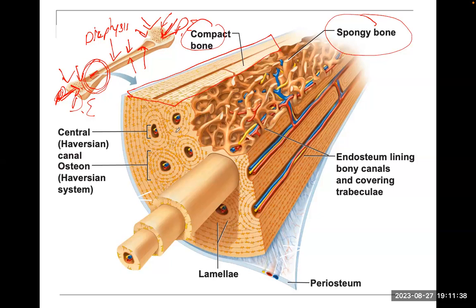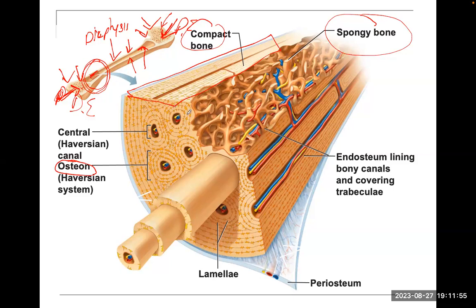And one of the key words that you're going to hear when we talk about compact bone is the osteon. The osteon is the functional and structural unit of compact bone. Spongy bone doesn't have osteons, only compact.